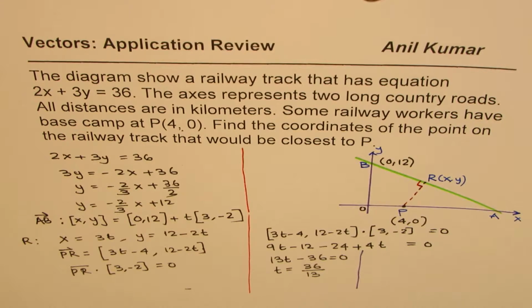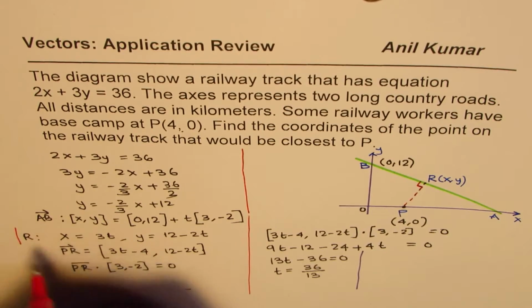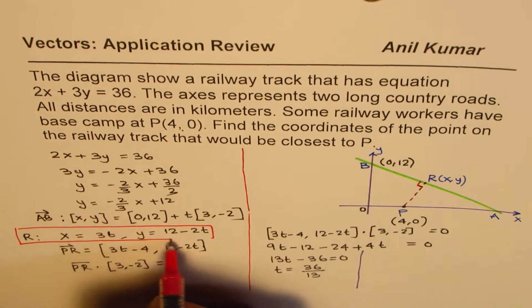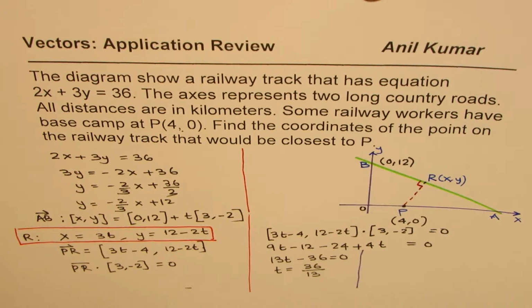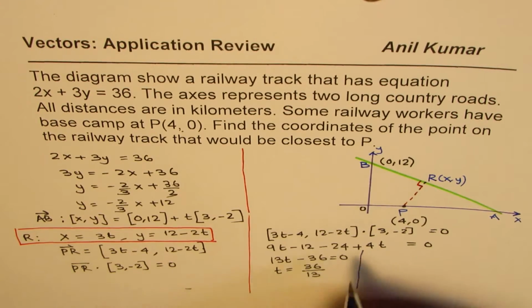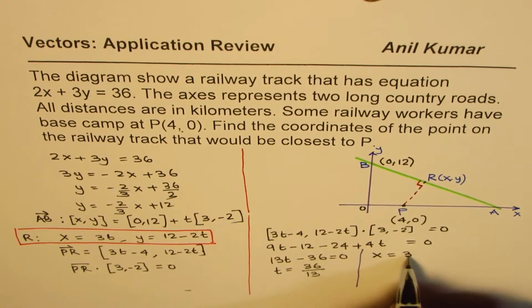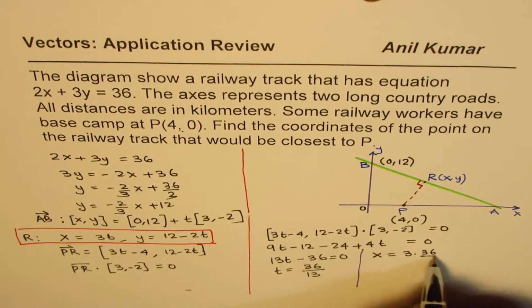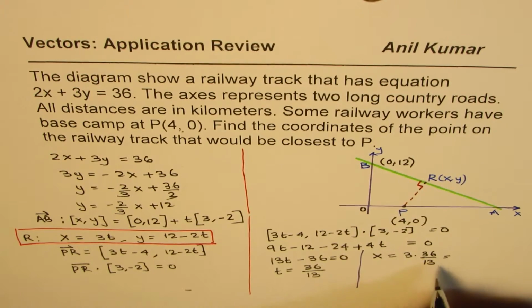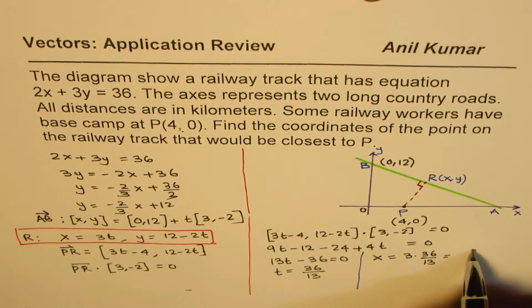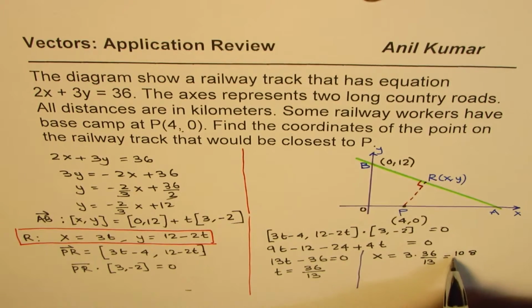We look into the equation for R, which gives us the coordinates. x equals 3 times t, which is 3 times 36 over 13, giving 108 over 13.